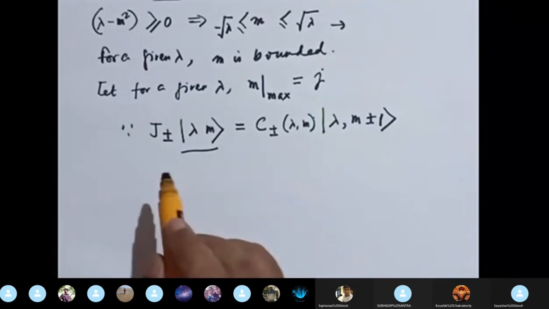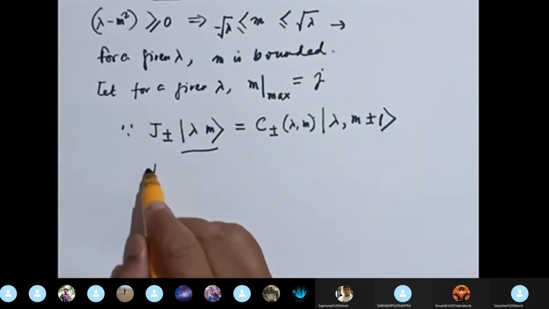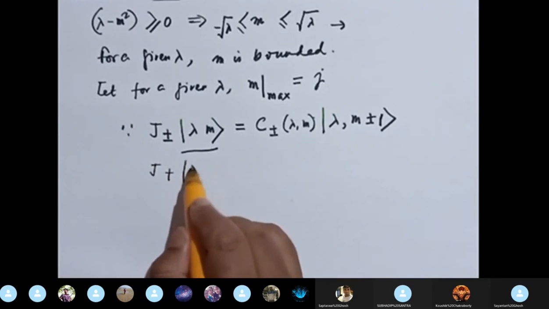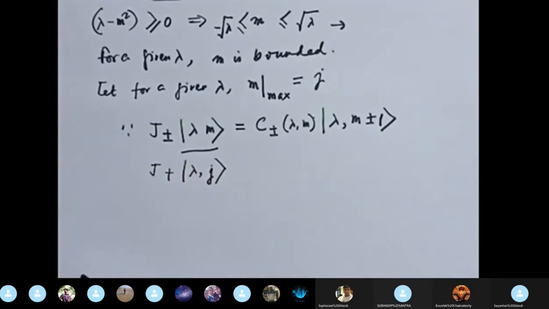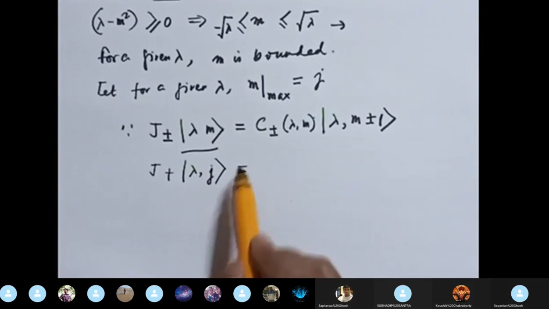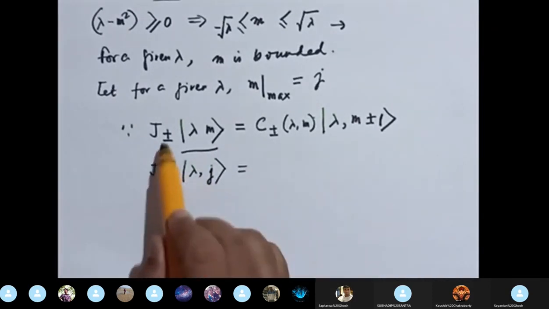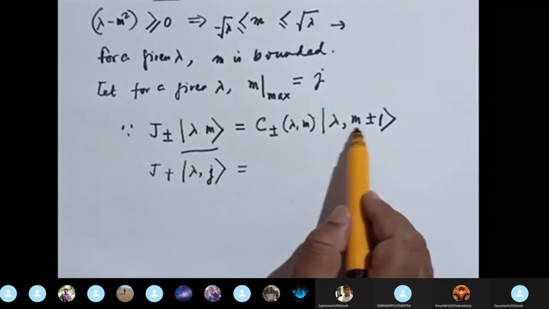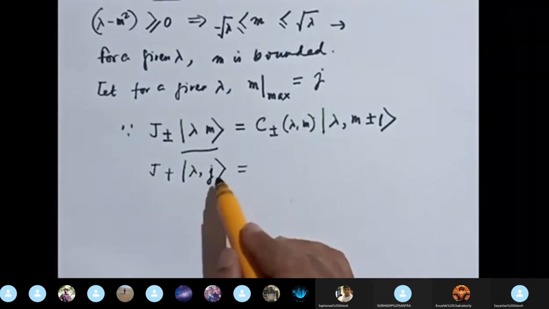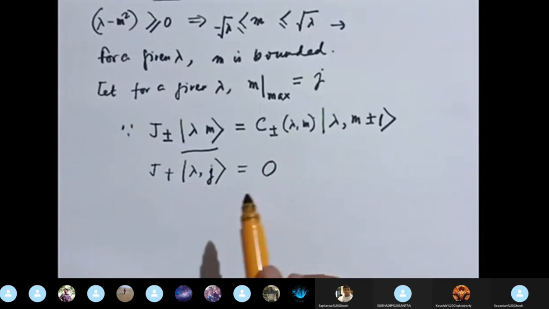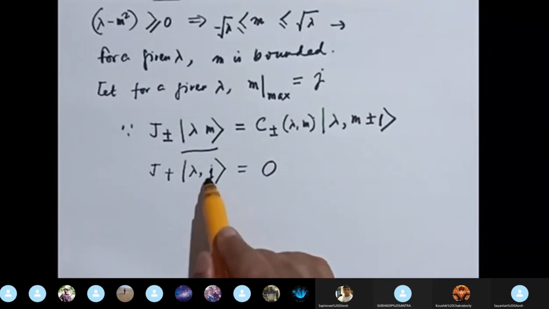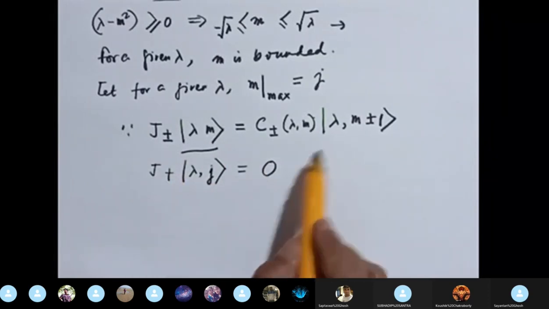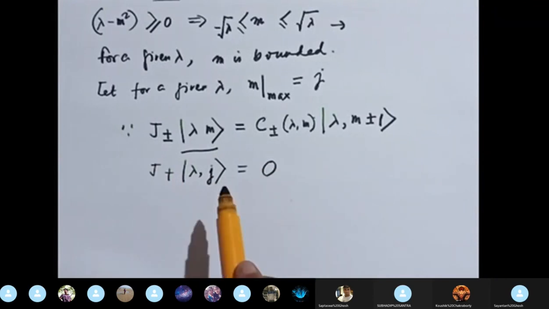So I can write J plus on lambda, j, where I have put for given lambda this is the maximum value of m. What should it be? It should be 0. m should be j plus 1, but j is the maximum value, so there are no states above this. So this relation can only hold when this entire thing is 0. Clear?